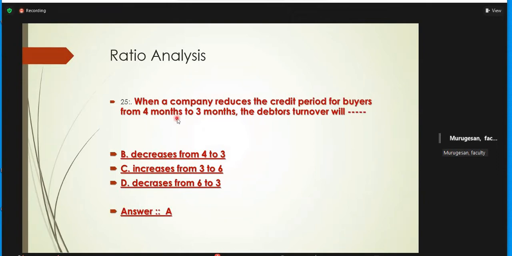Now the 4 months credit is reduced to 3 months credit. What will the debtors turnover be now? When it is 3 months, it is 4. Okay.